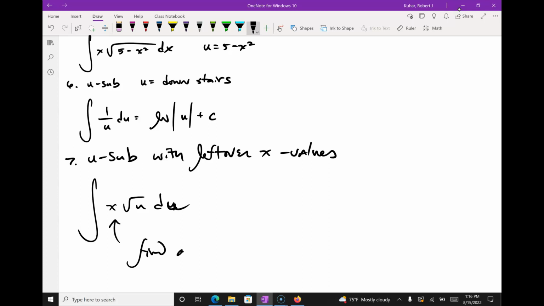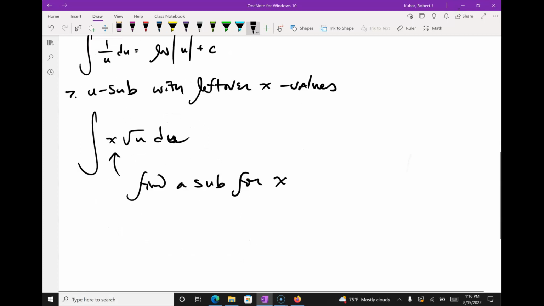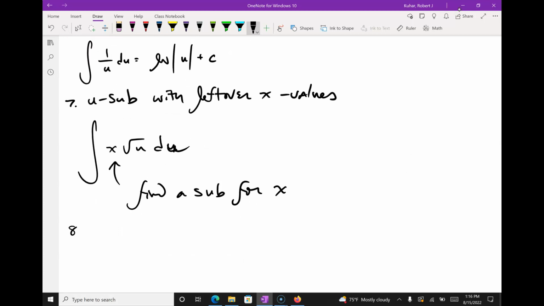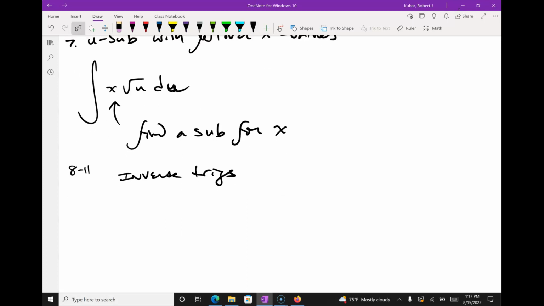Find a substitute for x. Level 8 to 11 are just inverse trigs. Make sure you practice.